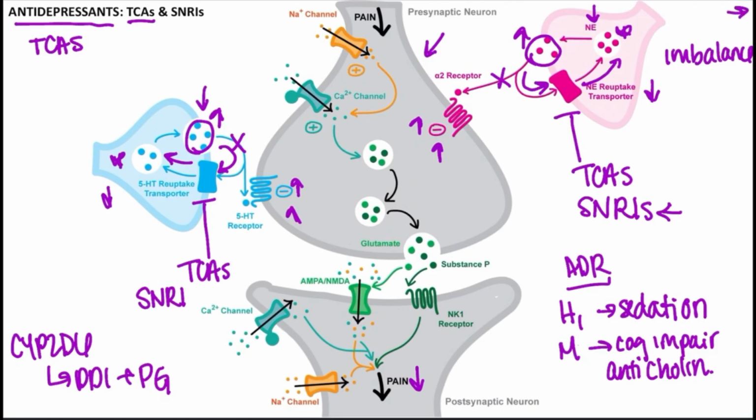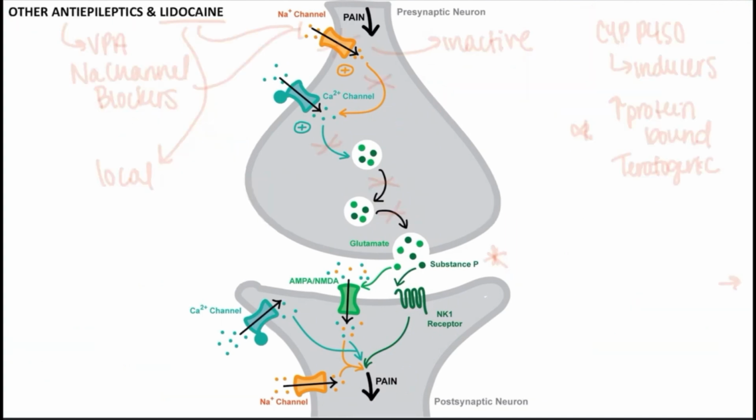Now, we already discussed one class of antiepileptics that can be used as adjuvant analgesics, but another class of antiepileptics, like valproic acid or VPA, that have sodium channel blocking activity, can also provide relief in the setting of neuropathic pain.